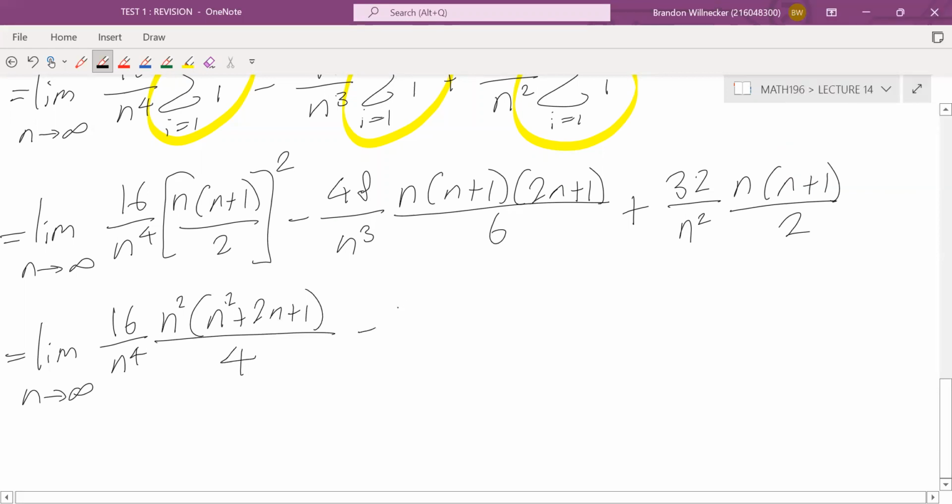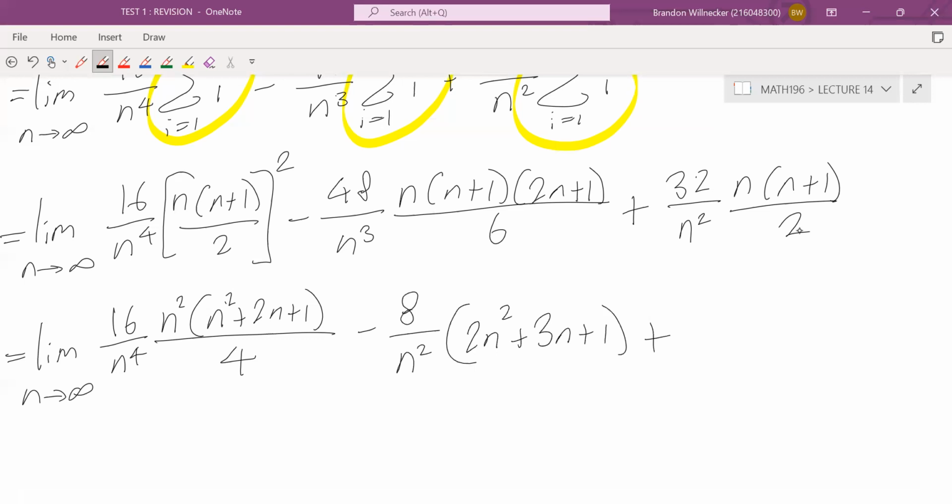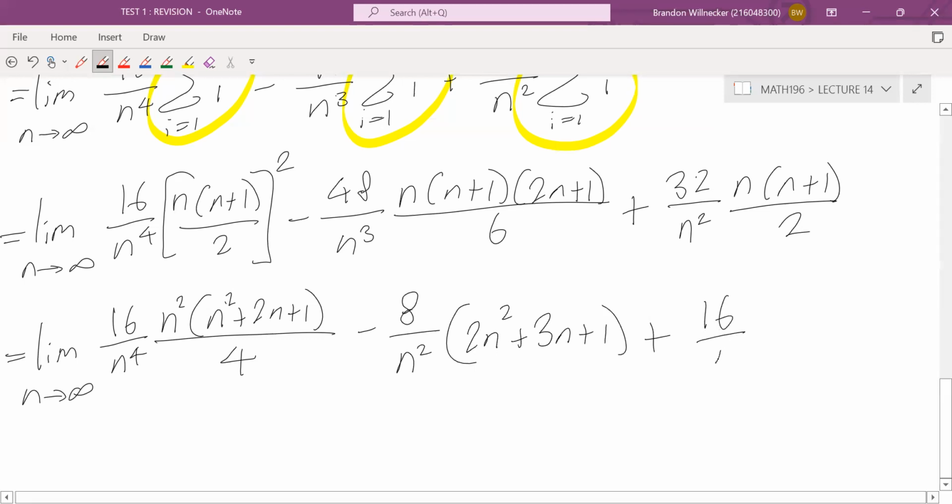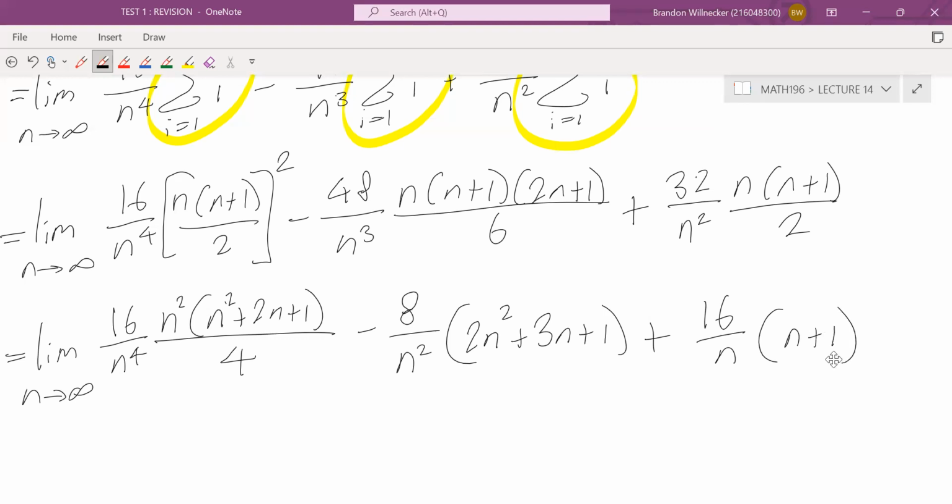Okay, then we have 48 over 6, so that's going to give us 8 over n squared, and then n plus 1 times 2n plus 1 will be 2n squared plus 3n plus 1. Lastly, 38 divided by 2, that's going to give us 16 over n, and then n plus 1. Okay, so I've just multiplied the brackets out so that we can now simplify things.